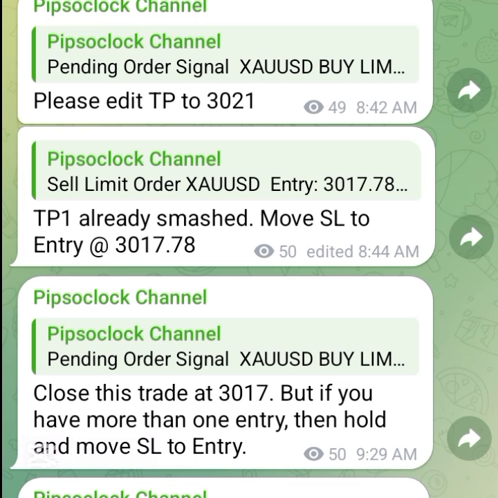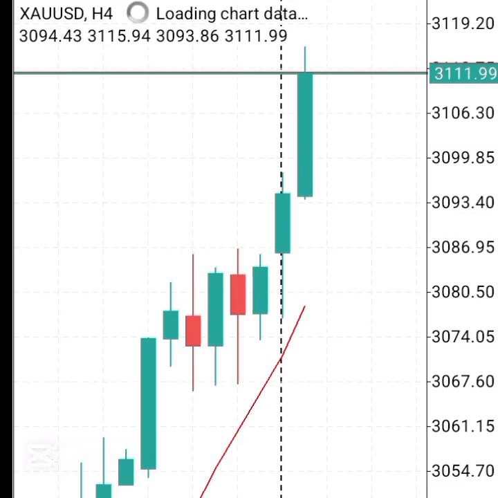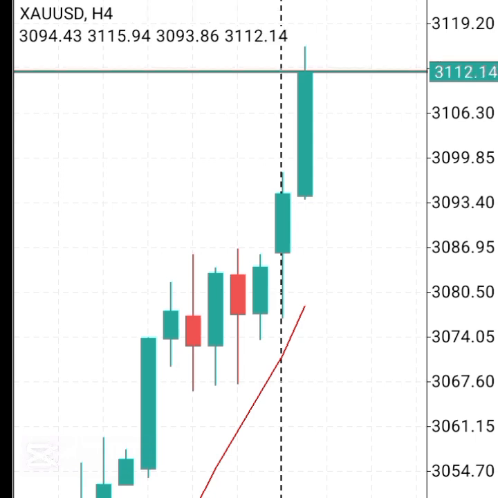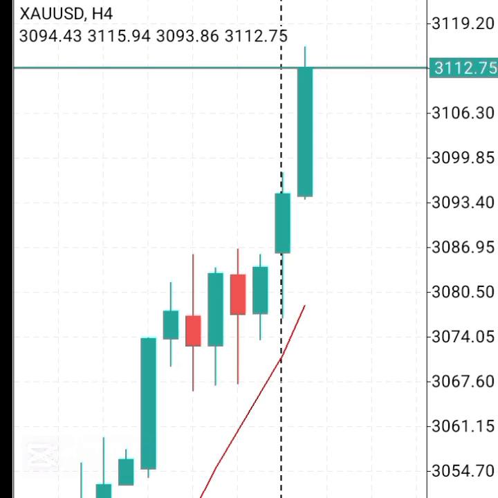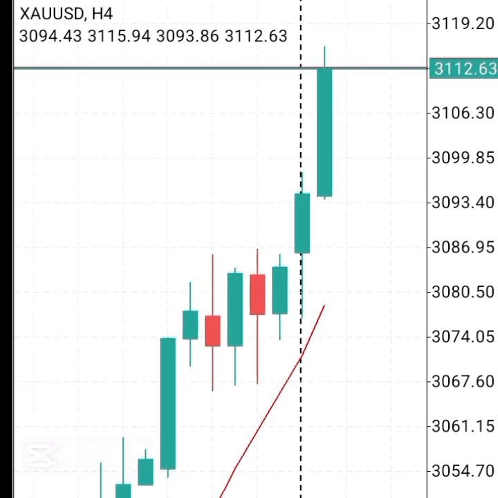So let's quickly see it exemplified. Now, let's say we want to do sell limit for gold, and we say okay, within the range of 3120 to 3125.